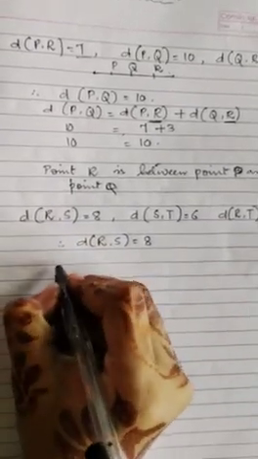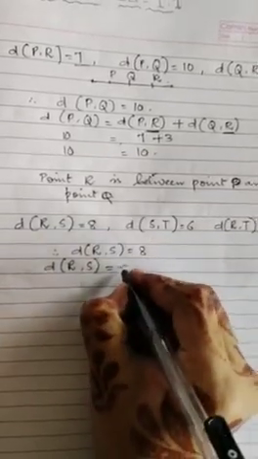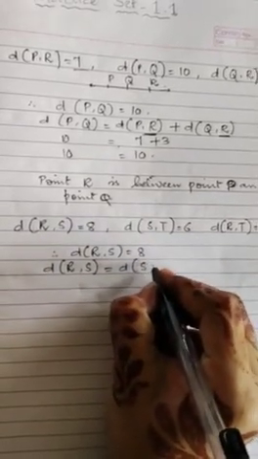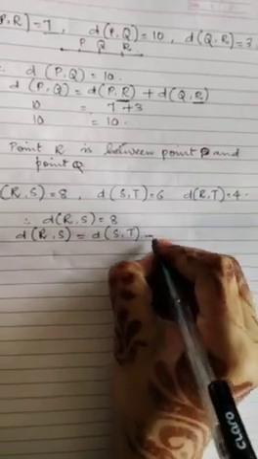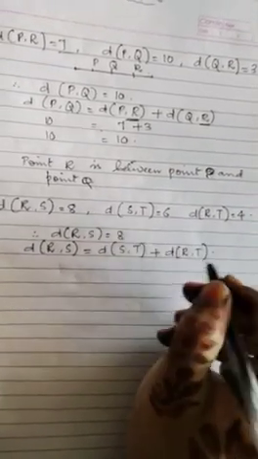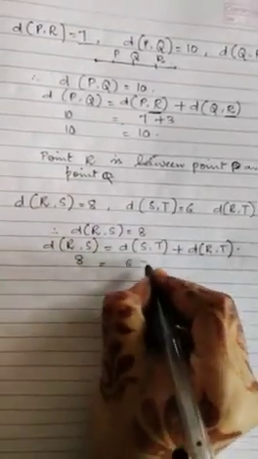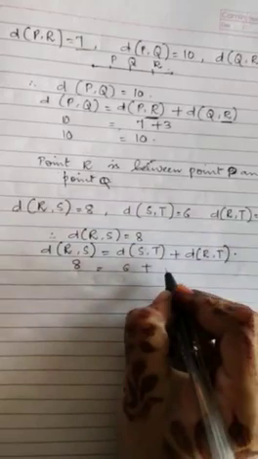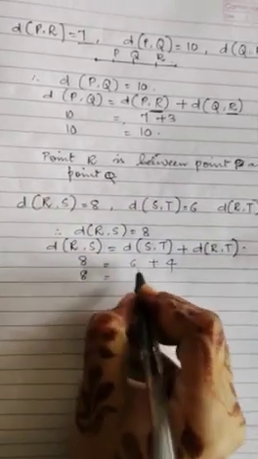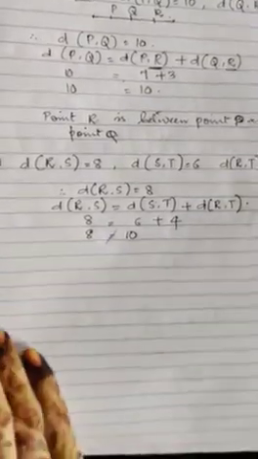Okay, then write distance RS is equal to distance ST plus distance RT. RS is 8, ST 6 plus RT 4. 8 is equal to 6 plus 4, 10. So 8 is not equal to 10.